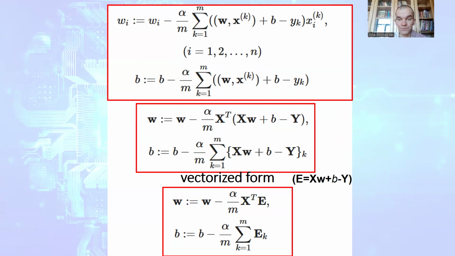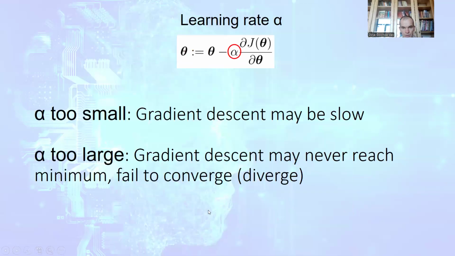If we introduce the error vector E, bold E, shown here on the right, it is matrix X multiplied by vector W plus B minus vector Y. This is a vector of dimension M, and we can write our updating equations for gradient descent at the bottom in a completely vectorized way, which is a very efficient implementation.